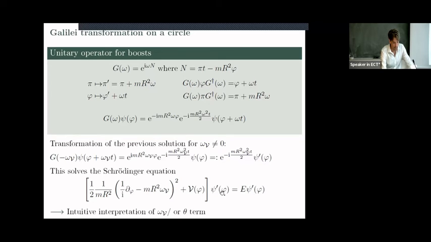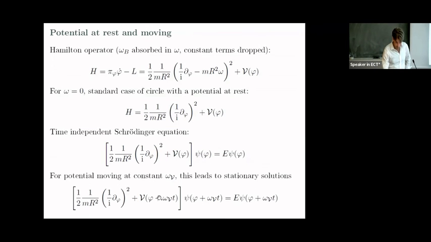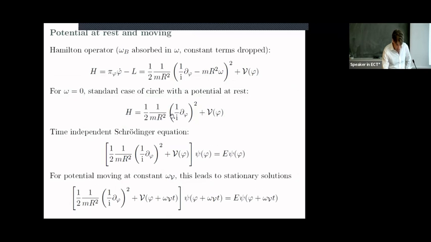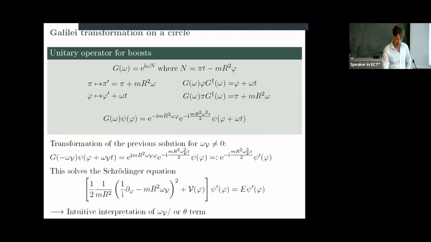So one thing is we now have an intuitive interpretation of this theta term, because it basically physically corresponds to moving our potential around the circle. The other thing is, if for some reason, and I haven't given a reason yet, we choose periodic boundary conditions for this solution, then this means that the solution here is no longer periodic, but in some sense, the omega that is in the psi prime compensates the omega that is now in the Hamiltonian.